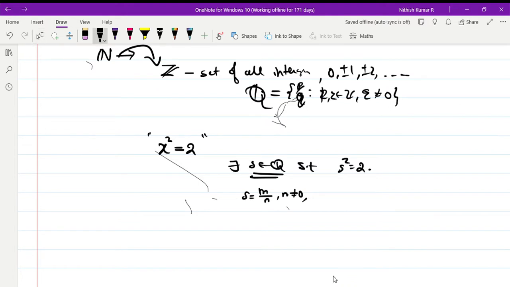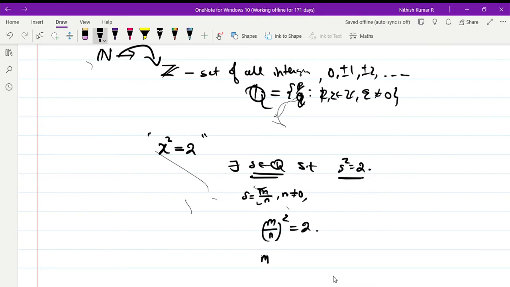That means if m is a multiple of some k and n is a multiple of some k, then we can cancel that k, so m and n have no common factor. But s satisfies s square equal to 2, that means m by n whole square is equal to 2.